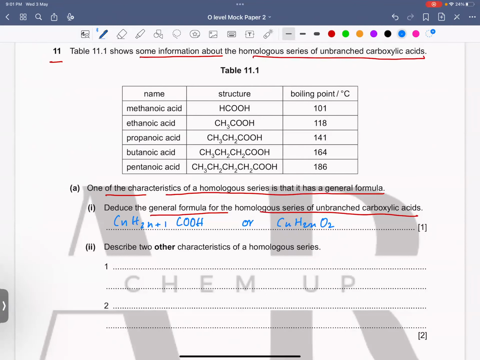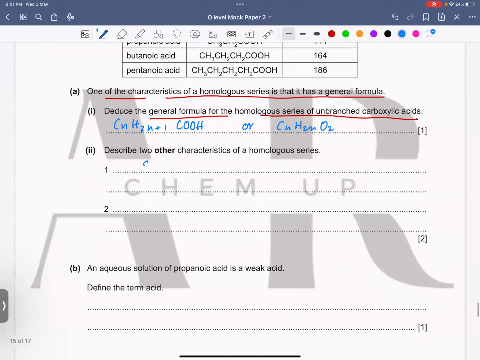Describe 2 other characteristics of the homologous series. Same functional group and similar chemical properties. Very good.